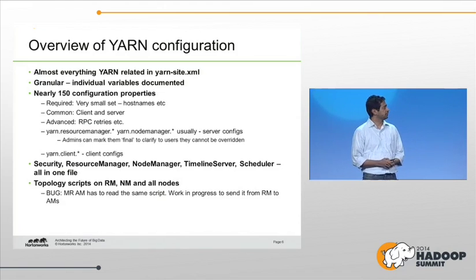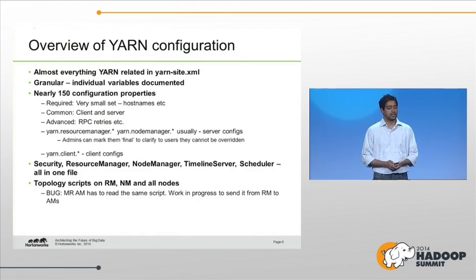In general, if it has yarn.resourcemanager.* and yarn.nodemanager.*, these are usually meant to be server-side configs, not to be looked at by clients. Admins can mark them as final, which is essentially a hint to a client saying, don't mess with this, don't override it. yarn.client.* are client-side configs meant for clients submitting apps.